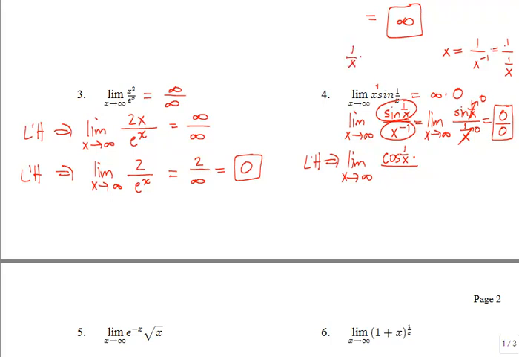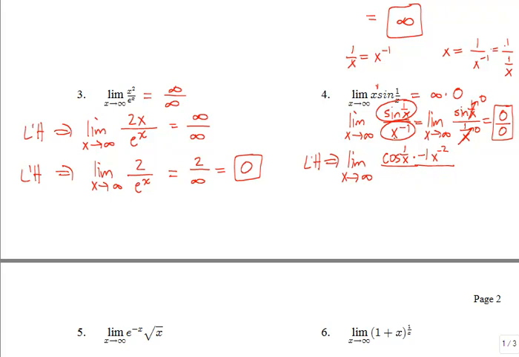You probably want to think of that 1 over x as an x to the negative 1. So the derivative of x to the negative 1: you bring down the power and subtract 1 from the power, so it becomes negative 1 times x to the negative 2. So we did the derivative of the sine, and we multiplied that by the derivative of the 1 over x. That's the derivative of the top.